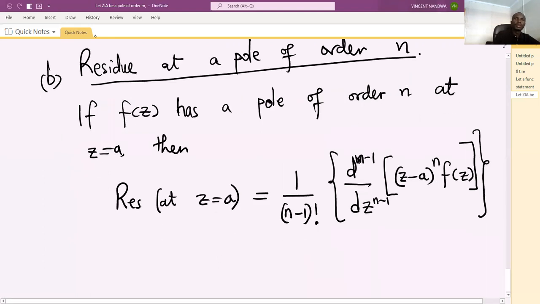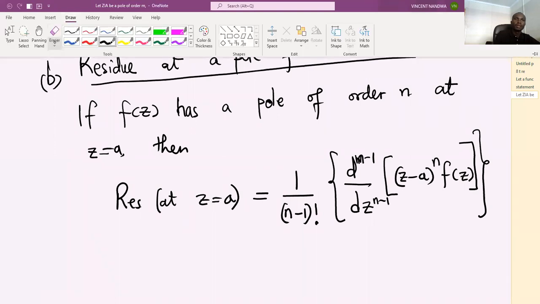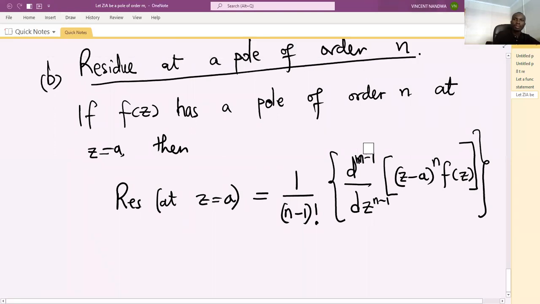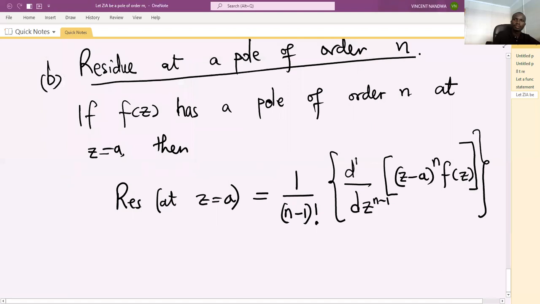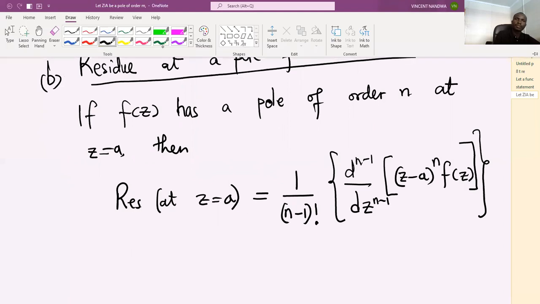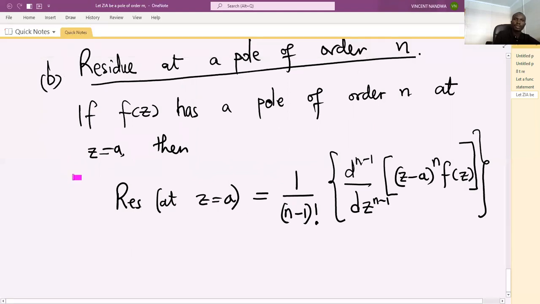So this is how we define the residue of a pole of order n. So this is a formula.